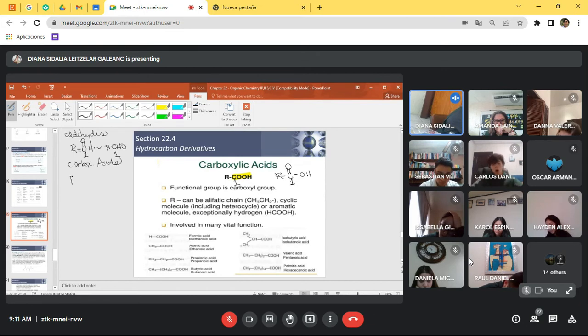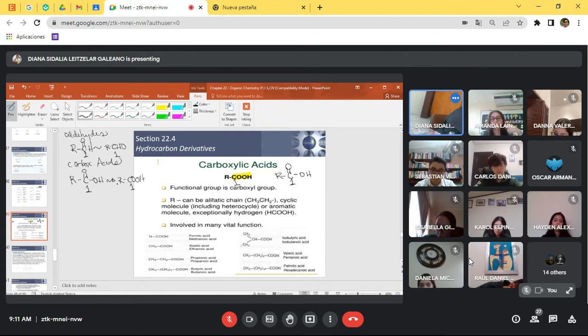Again, the carbon chain, the carbonyl group, but instead of a hydrogen, it will have an OH, which is the same as, still this is carbon 1. So the name includes that carbon as carbon 1.